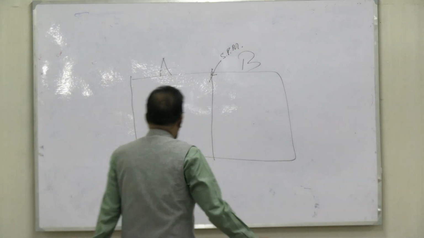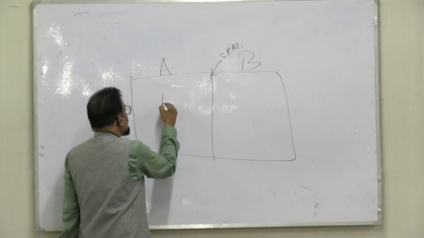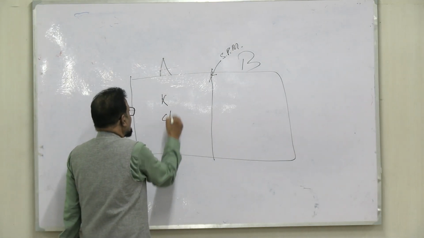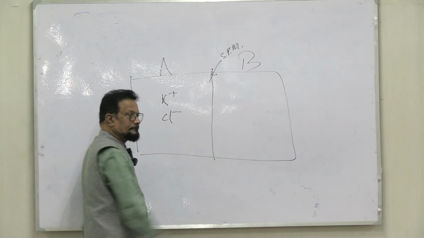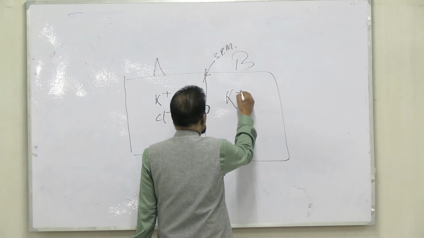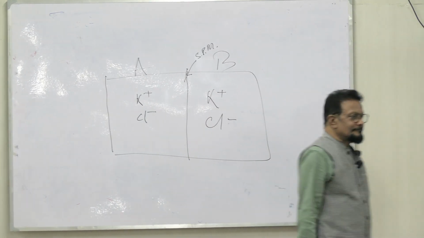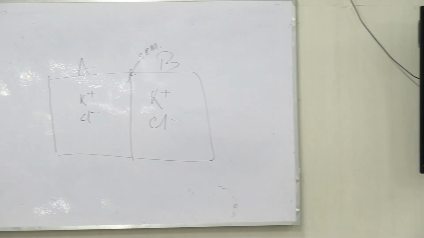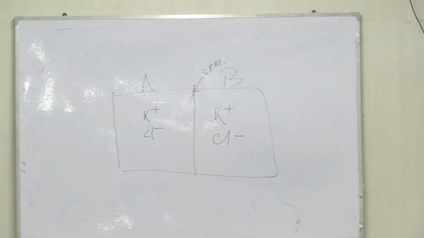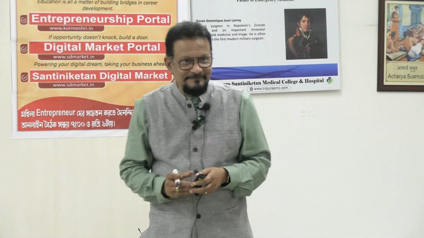So I put potassium chloride in A. Here also I put some potassium and chloride. With the semi-permeable membrane, both can pass along, no issue. Nobody is going to obstruct it. So what will happen?